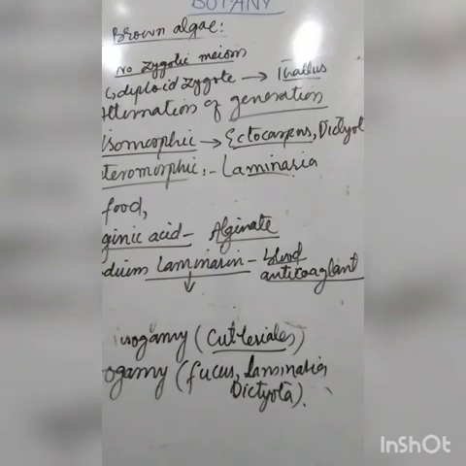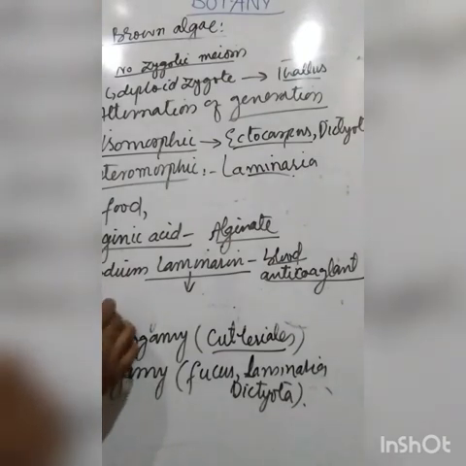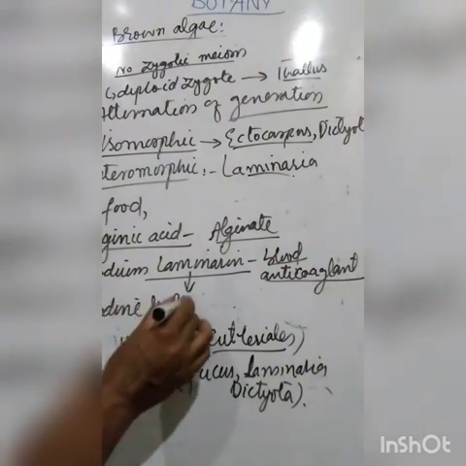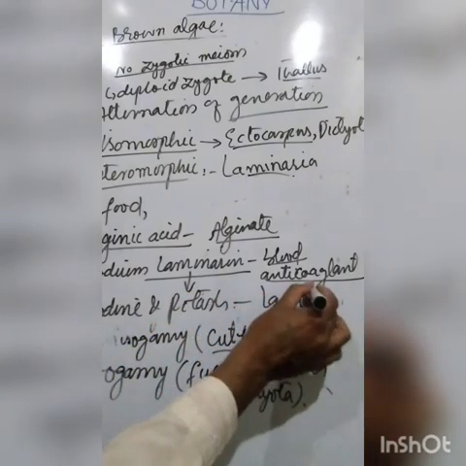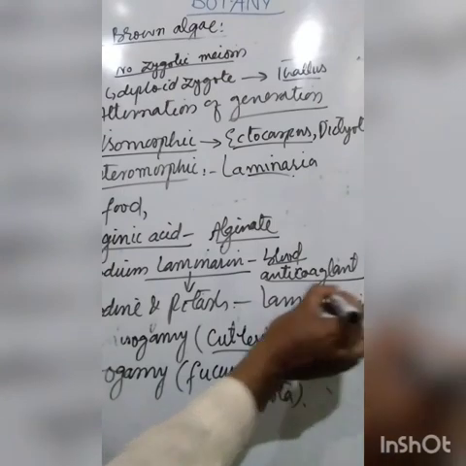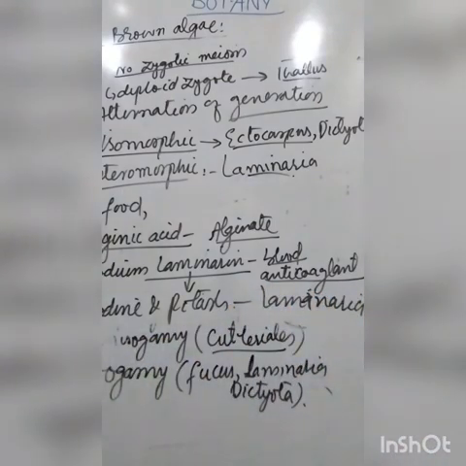They also have antibiotic properties. And iodine and potash are also derived from Laminaria. This was all about the brown algae. Next, we may have the topic of bryophytes.